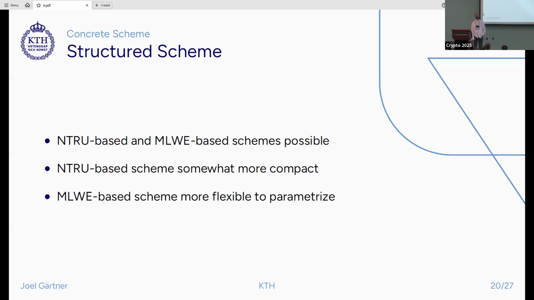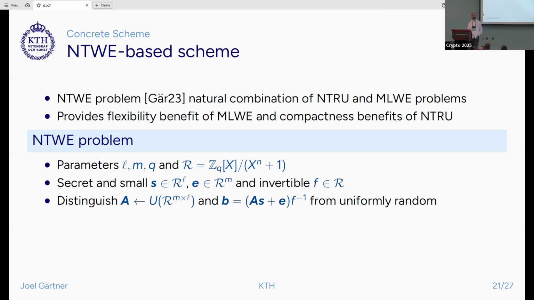Basing it upon the NTRU problem would lead to a somewhat more compact scheme, whereas basing it upon the MLWE problem would have the benefit of leading to a scheme that's somewhat more flexible to parameterize. Instead of basing our scheme on one of these more standard problems, we base it upon the MTWE problem that was introduced a couple of years ago as a natural combination of the NTRU and MLWE problem. This allows our scheme to have the flexibility to parameterize as an MLWE-based scheme with the compactness of an NTRU-based scheme.